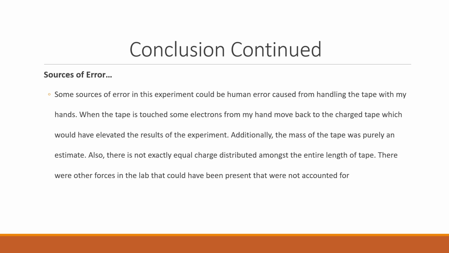And there are other forces that could have been accounted for that were not accounted for. So the F equals ma wasn't entirely correct, setting the force of the electric field and the gravitational force equal to each other wasn't exactly correct. So that could also lead to some sources of error.